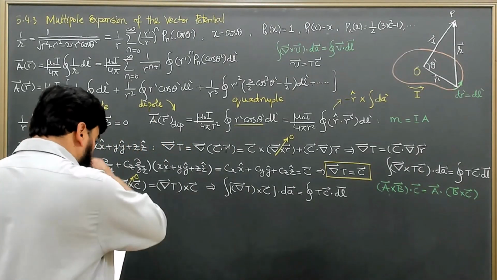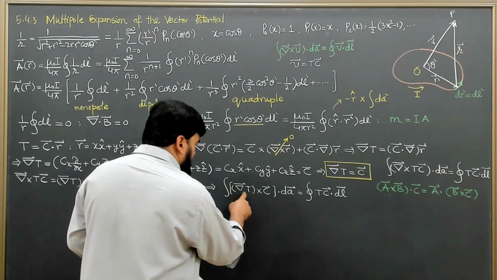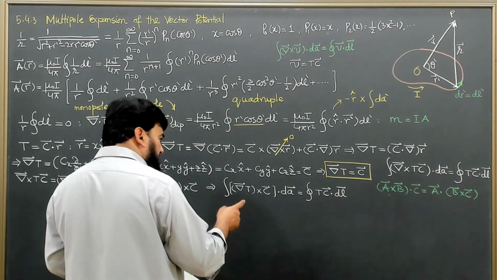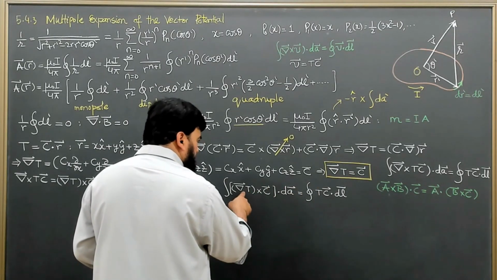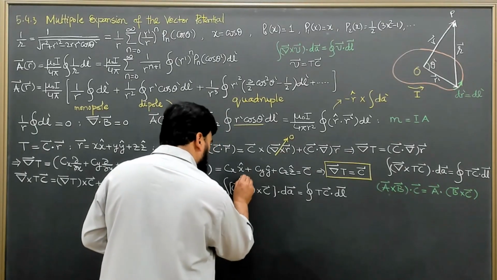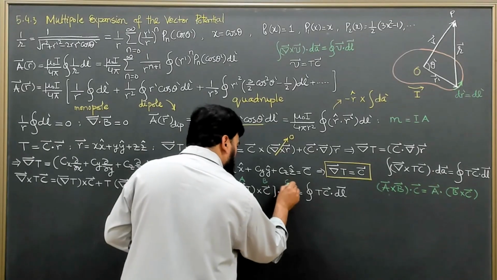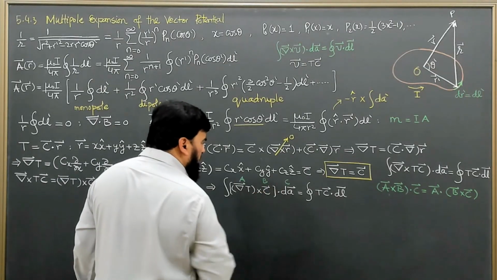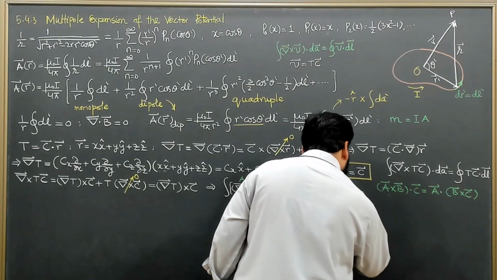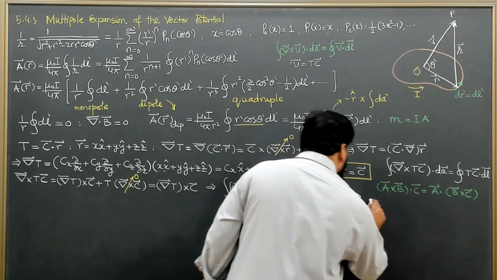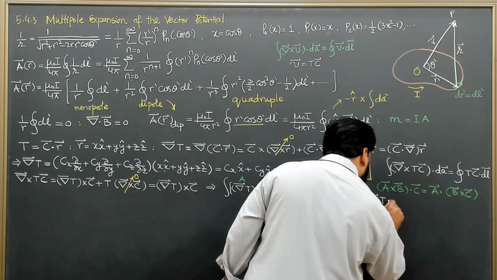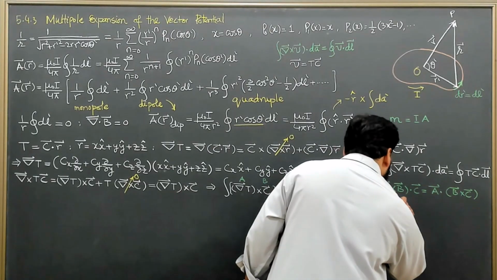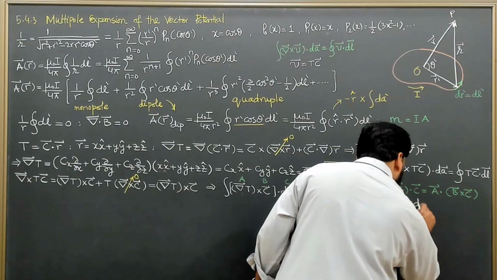I can write this gradient T cross C dot dA in the form A cross B dot C, where this is A, this is B, and this is C. So I can write A dot B cross C, so A is gradient T, dot C cross dA.